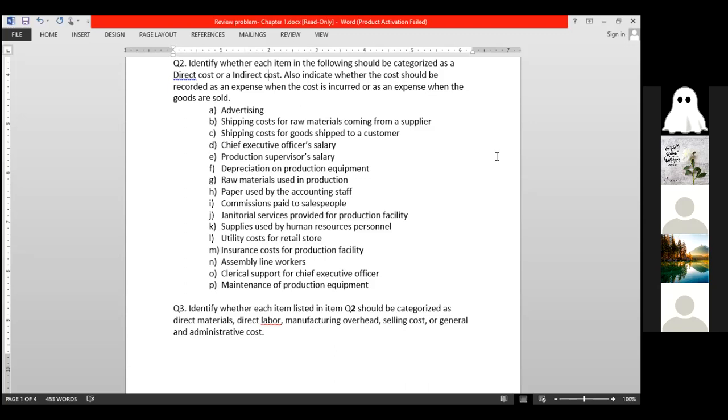Indirect? No, these are direct. So janitorial services for production facility is a direct cost. So cleaning the shop floor and maintaining the shop floor, that is a direct cost. Janitorial services for the office or management area would be indirect cost, whereas this is a direct cost.